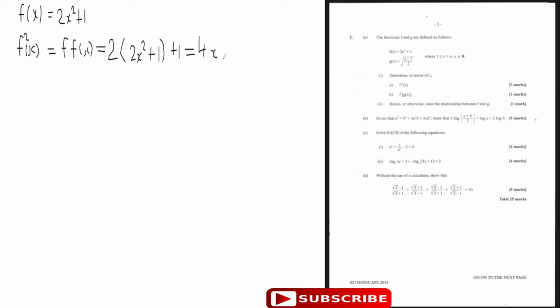And then 2 times 1 is 2, plus 1 is 3. So it's 4x squared plus 3. That's f squared of x. The next thing they're asking you for is fg of x. So let's write what g of x is up here. They're telling us that g of x is equal to the square root of x minus 1 over 2.